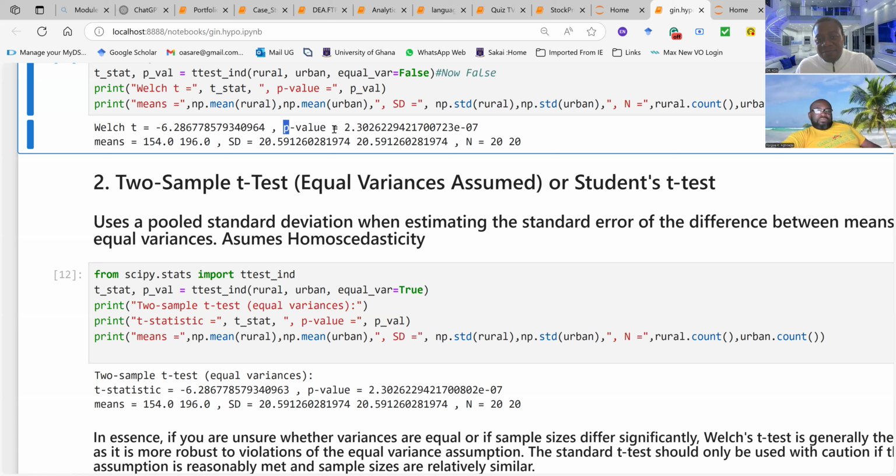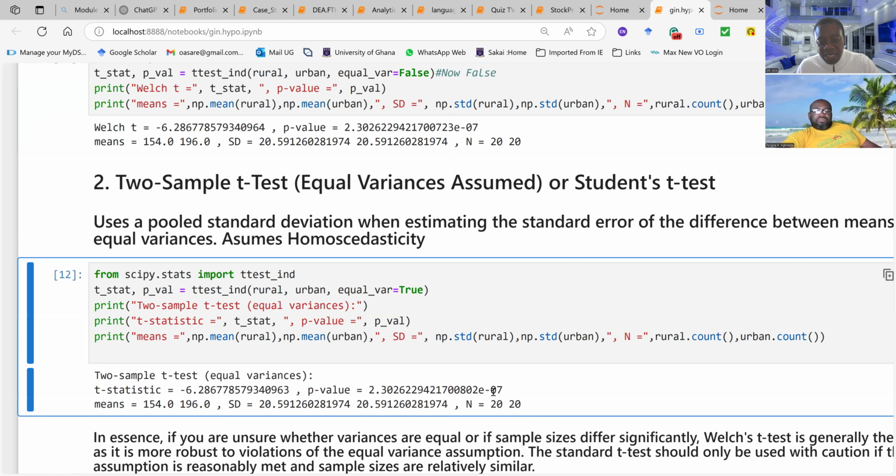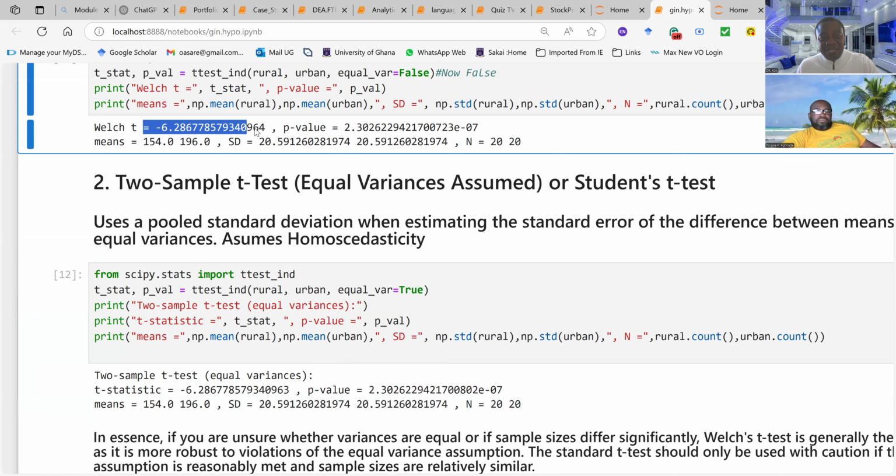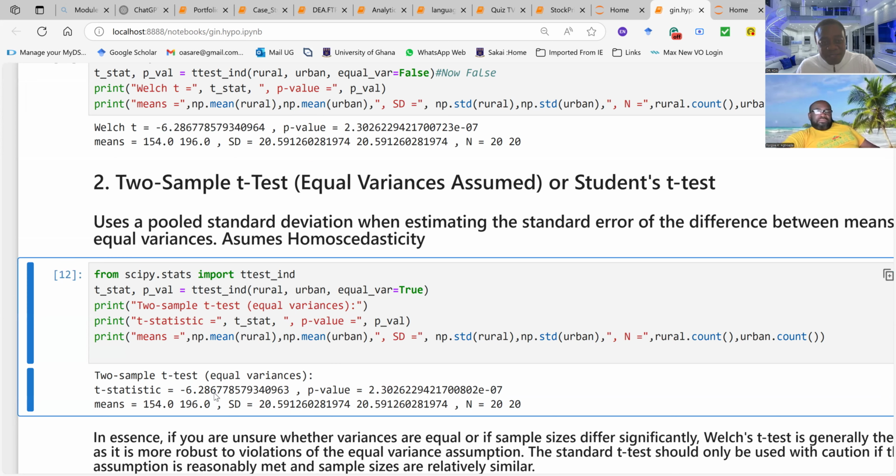Watch the p-value. At the end is E minus 7. Okay, that is an exponent. The same thing. Look at the t-statistic. The same thing, just that when you go further, it changes slightly. After the 286, even that, 785, it still goes.